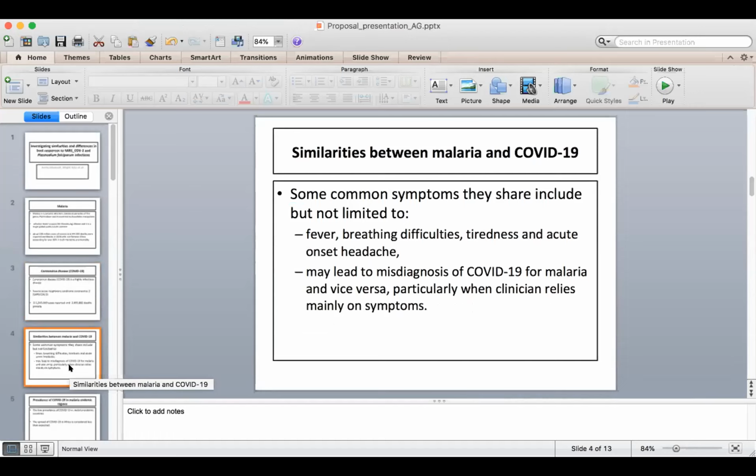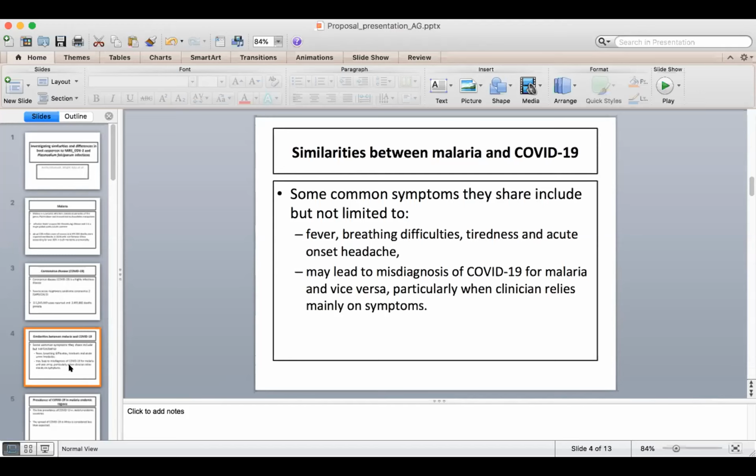Now, there are some similarities between malaria and COVID-19 symptoms. Some of these include fever, breathing difficulties, tiredness, and acute onset of headaches. This may lead to misdiagnosis of COVID-19 for malaria, especially in malaria endemic regions, and vice versa.